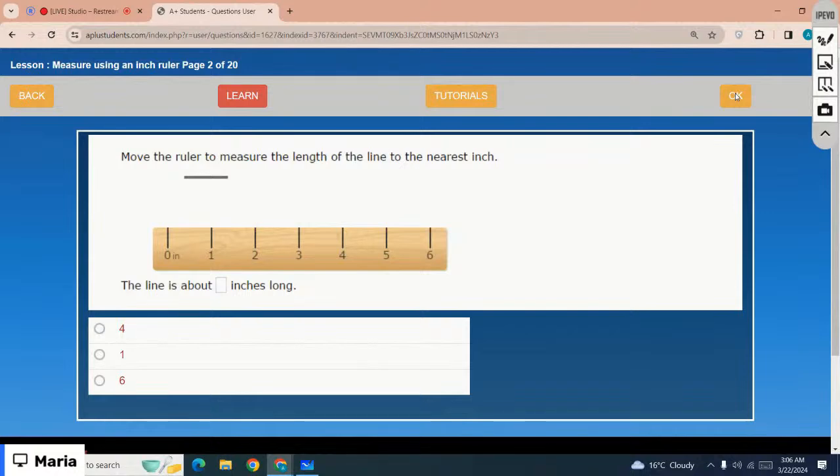That is only 1 inch long. The correct option is 1. Please write the answers once, I can read your answers.